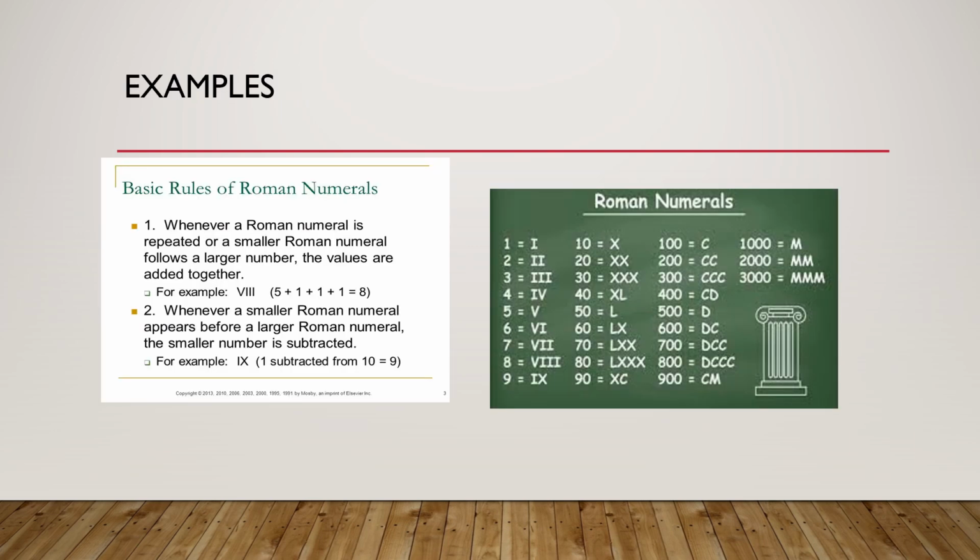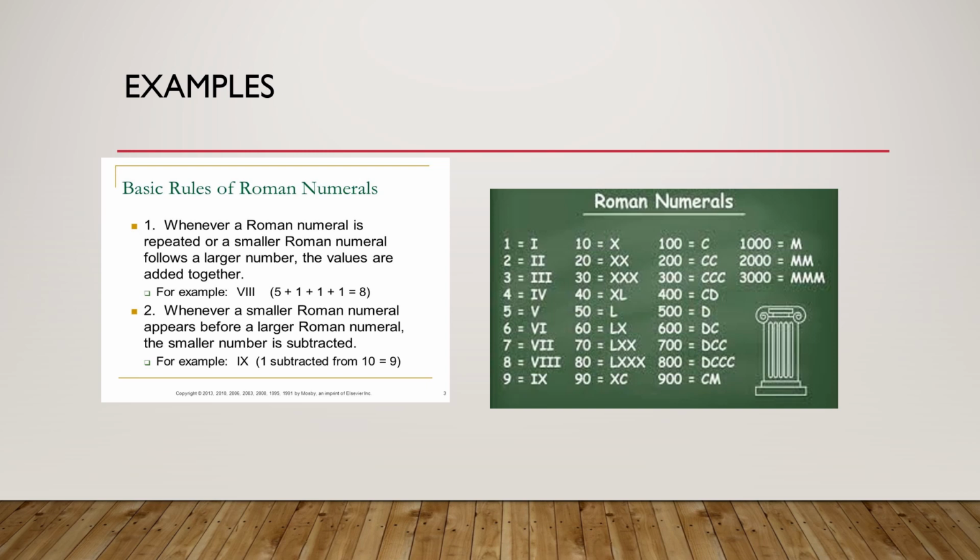Some basic rules of Roman numerals. Whenever a Roman numeral is repeated or a smaller Roman numeral follows a larger numeral, the values are added together. For example, VIII: V is 5 and each I value is 1, so 5 plus 1 plus 1 plus 1 will be 8.